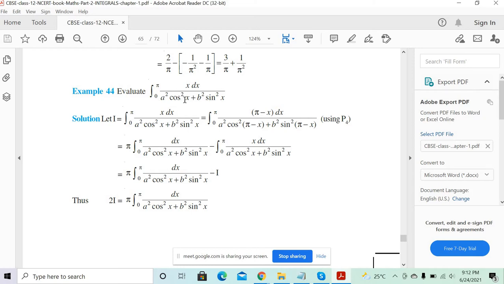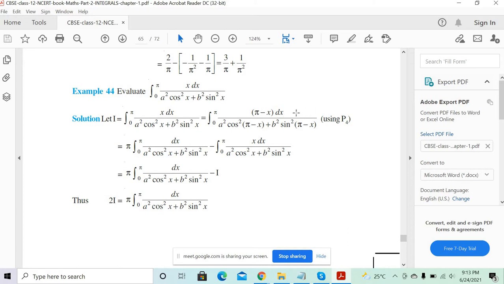Cos of pi minus x becomes minus cos x, and minus cos x whole square is cos square x only. Sine of pi minus x is again sine x, so the denominator remains the same. The numerator becomes pi minus x, so that's why the numerator is kept as pi minus x. Is it okay?